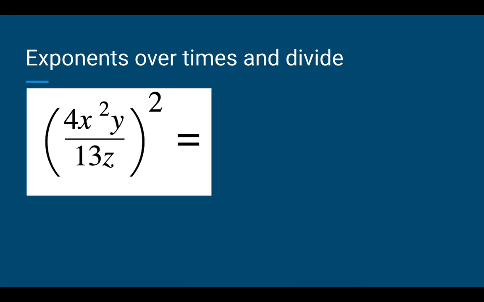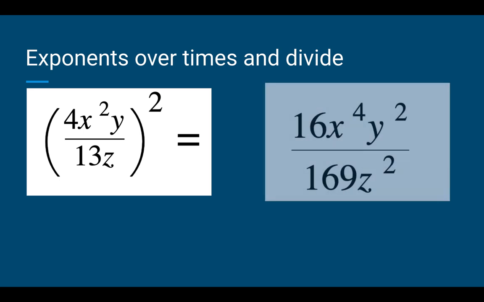So let's have a look at this one, very popular at level 2 exams. You can just square each of the coefficients and each of the variables, so you're going to have 4 to the power of 2 gives us 16, x squared is going to be x to the 4, and y squared.